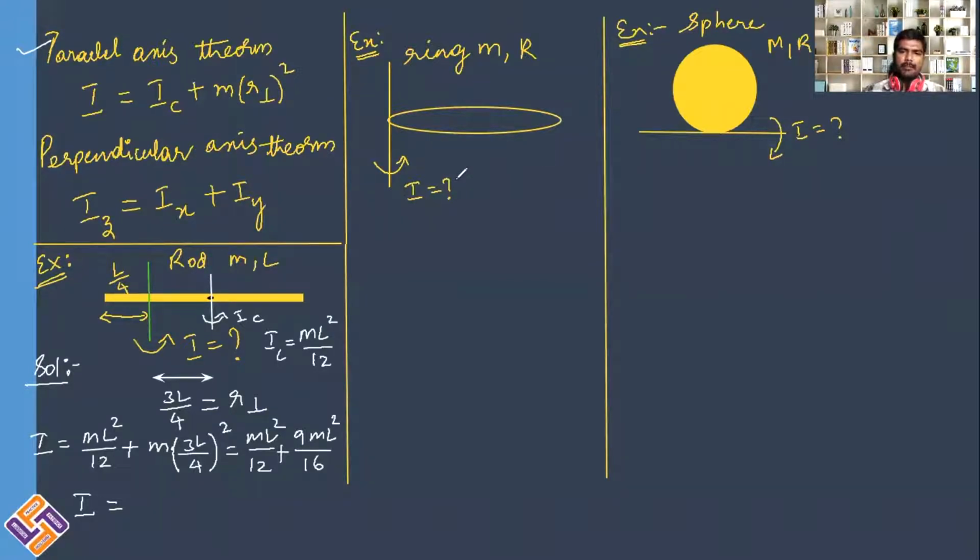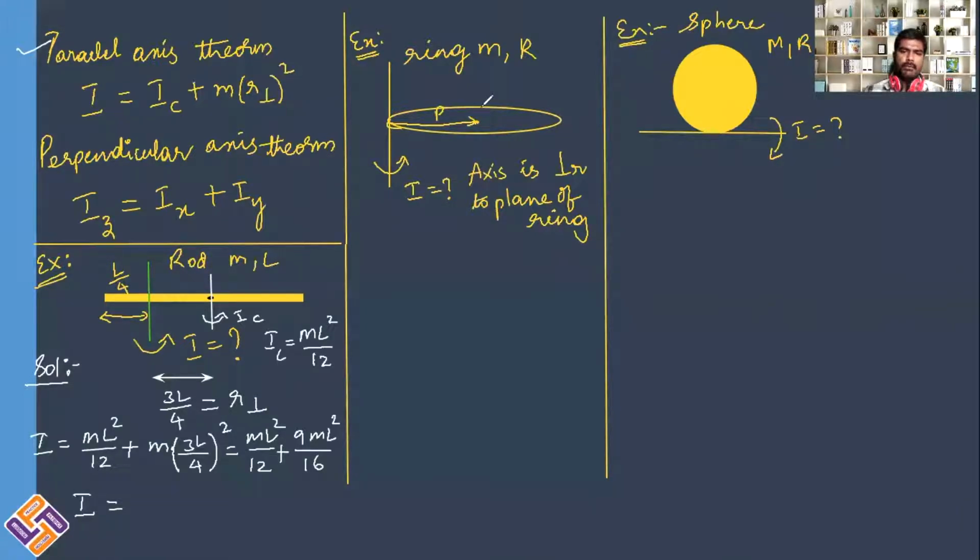So the axis about which you are rotating the ring is perpendicular to the plane of the ring, and this is the radius of the ring, r.